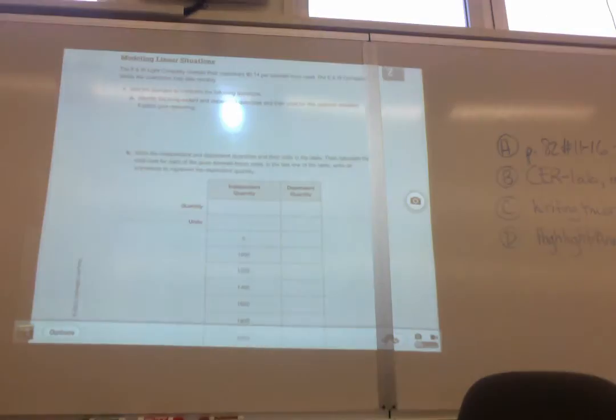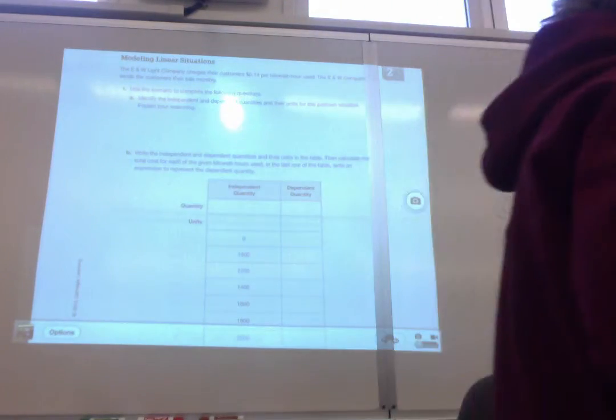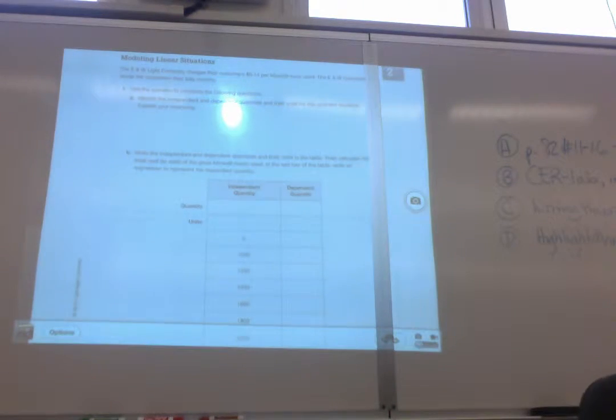Rats, I don't have a pen. Okay, light company. A lot of these you need calculators for. The calculators are behind Martine and Wyatt.